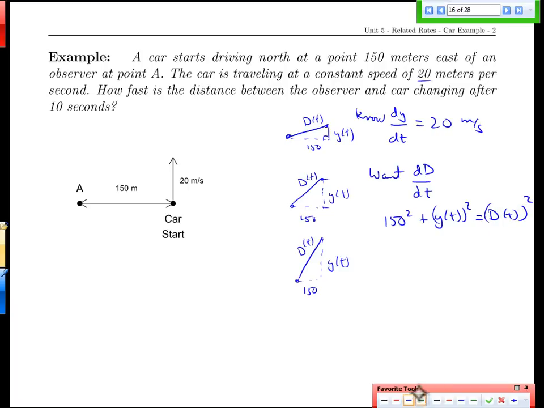So that's straight Pythagoras. Once we have that, we can bring in our idea of implicit differentiation and find the rate that we want. We want how fast that would be, a time derivative of the distance.